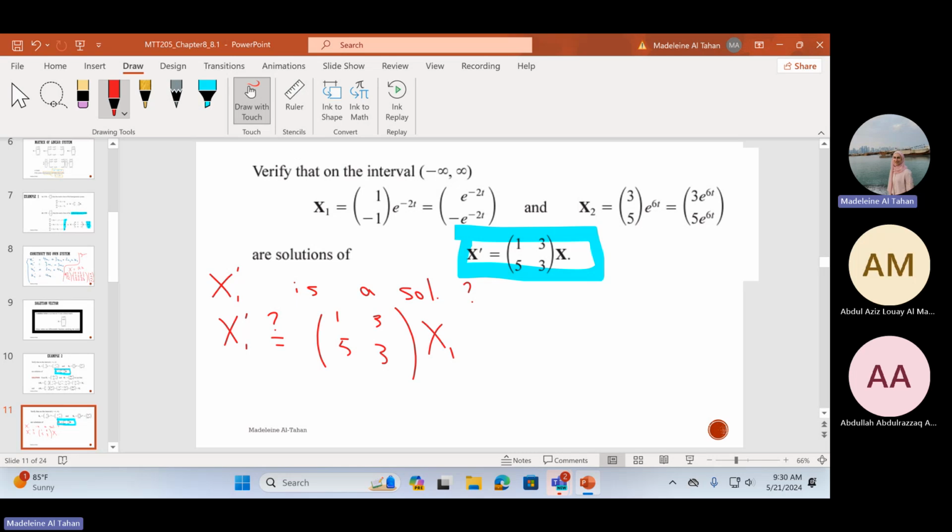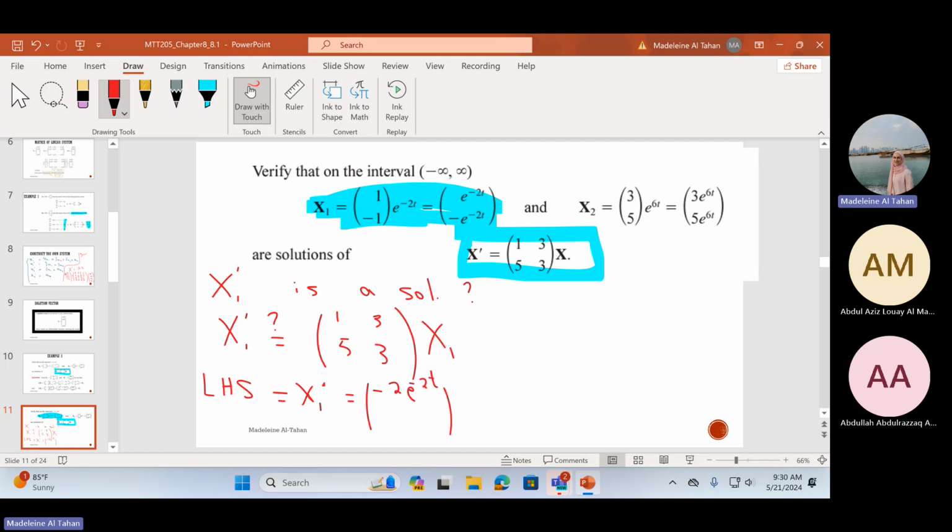So what's the left-hand side? x1 prime. What's the derivative of x1? What's the derivative of e to the negative 2t? Minus 2.